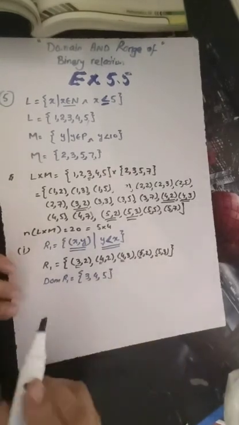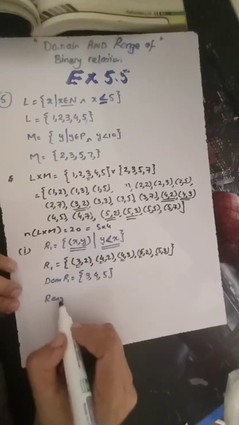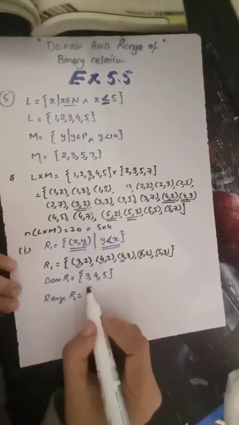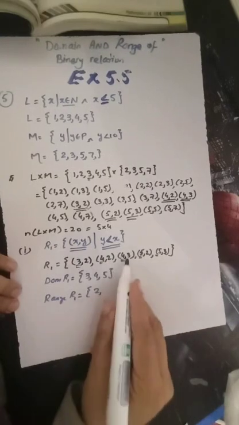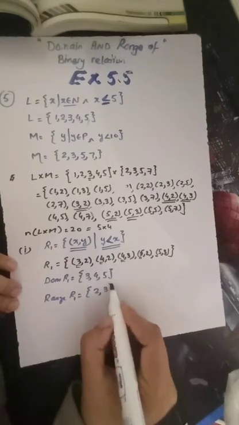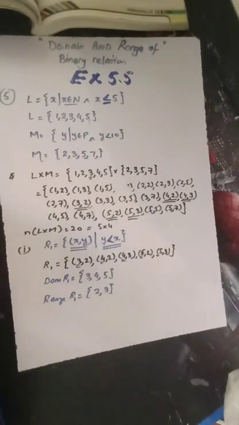These are the 3 elements used as the first element. So this is the domain of the binary relation R1, and the range of R1 will be the set of the second elements, which are 2, 3, and that's all. So these are the domain and range. So this is the first part.